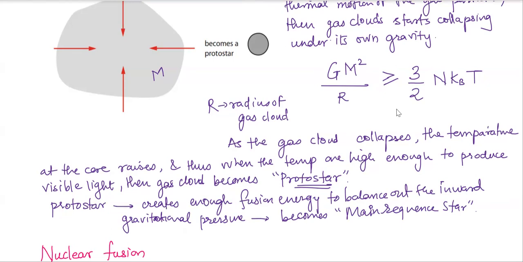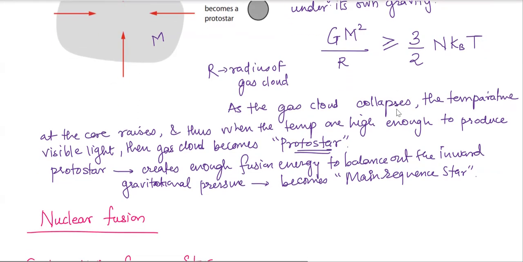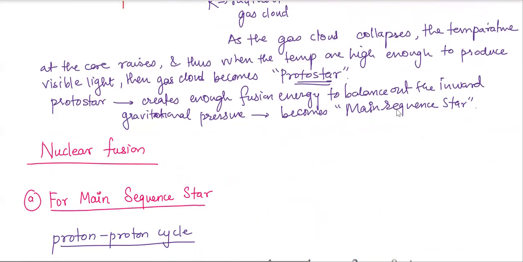Only when equilibrium is achieved between the fusion and the gravitational pressure is a stable state reached, and that's how a main sequence star is formed from a gas cloud.